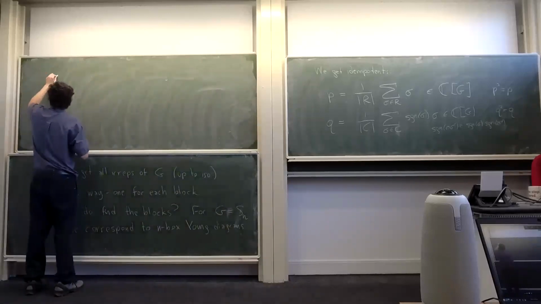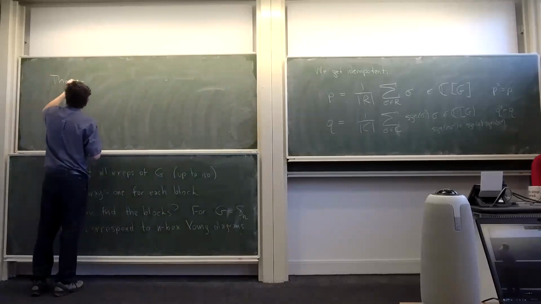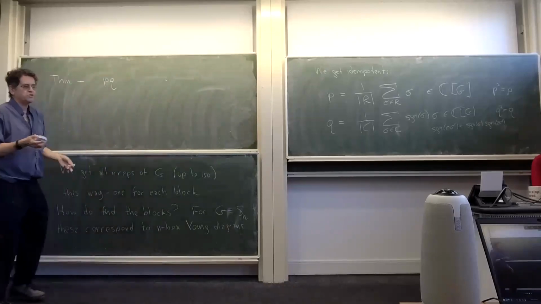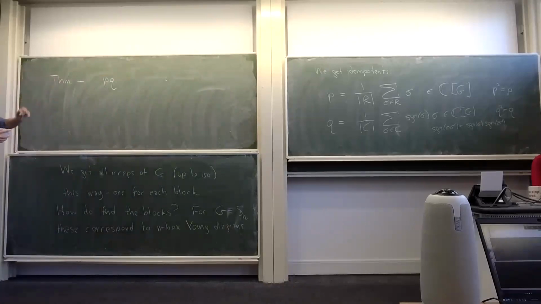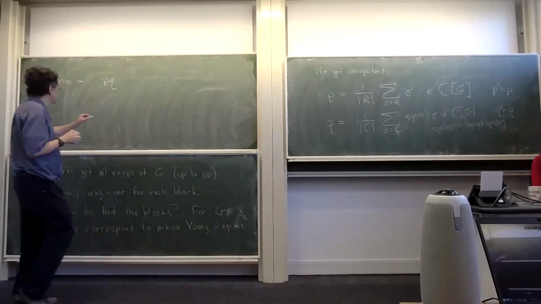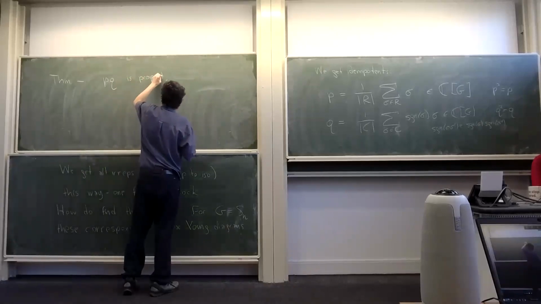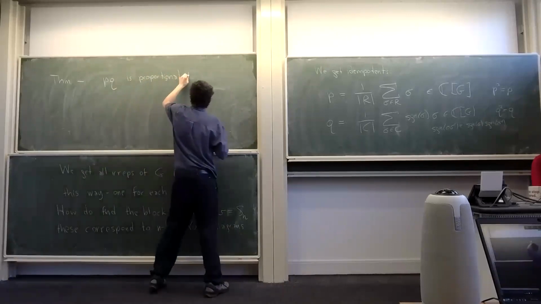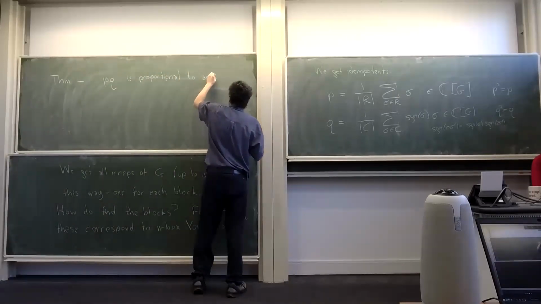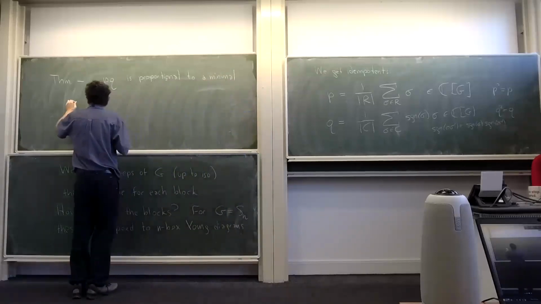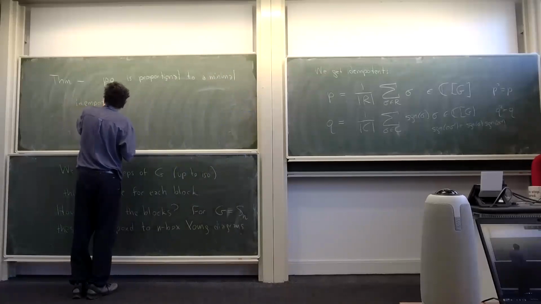And there's this amazing theorem that PQ, you could do this in either order, but I'm going to do PQ, is going to be proportional to a minimal idempotent. So it's not a minimal idempotent, but if you multiply it by the right number, you get a minimal idempotent.